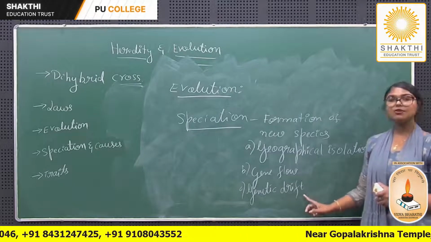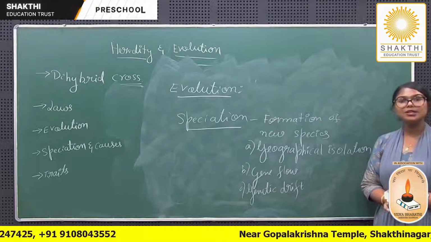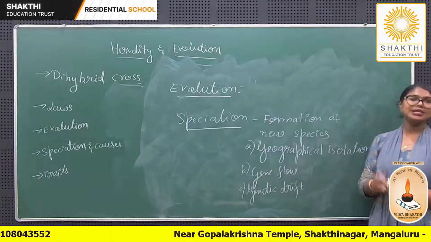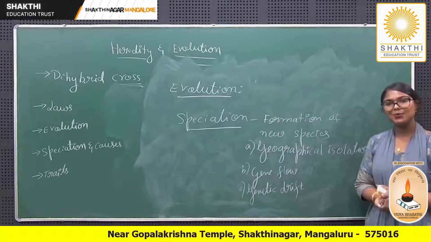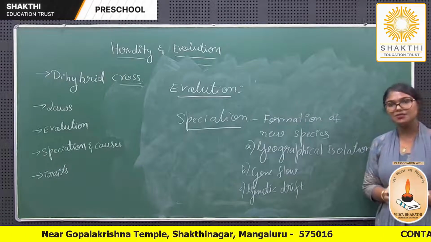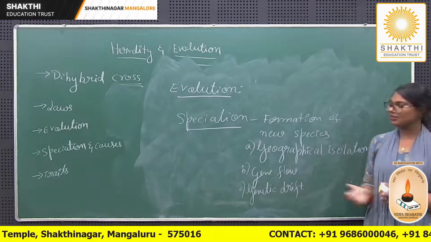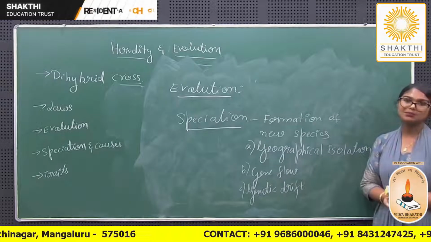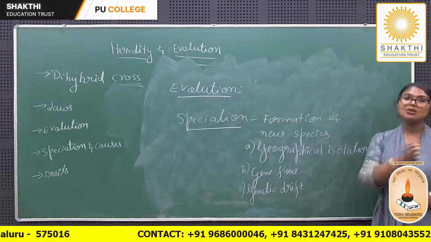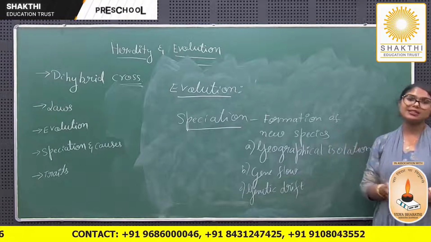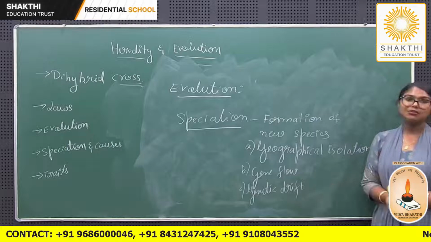Coming to gene flow and genetic drift. What is gene flow, students? Due to some reason, when genes flow from one population to another, we call it gene flow. Very simple. Flow of genes from one population to another, we call it gene flow.